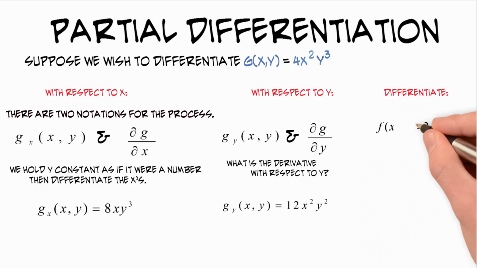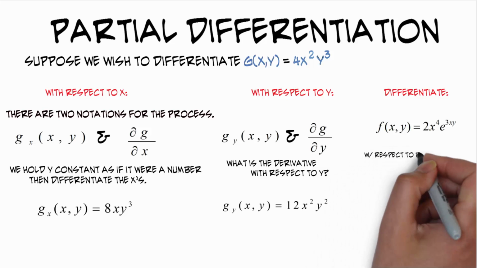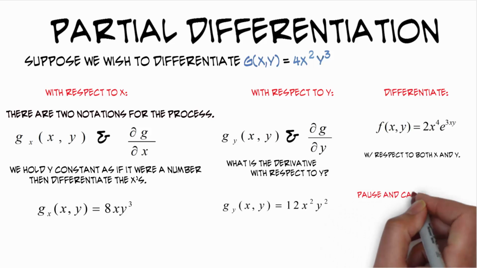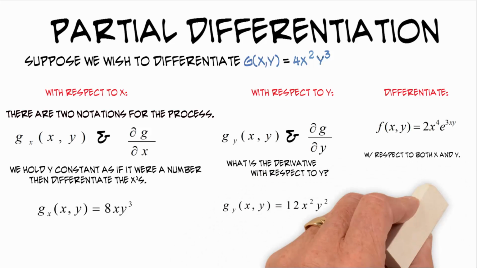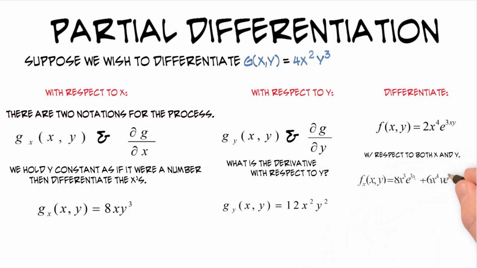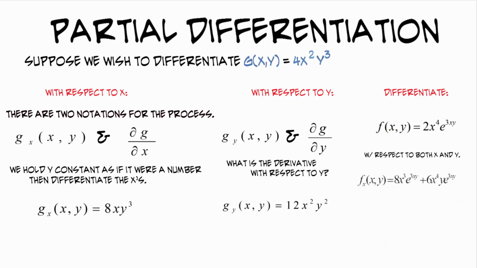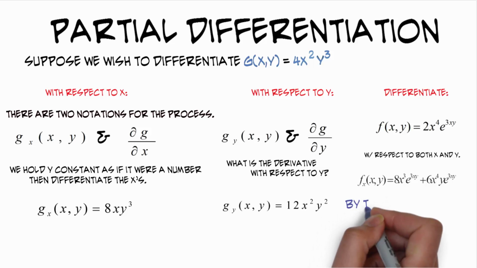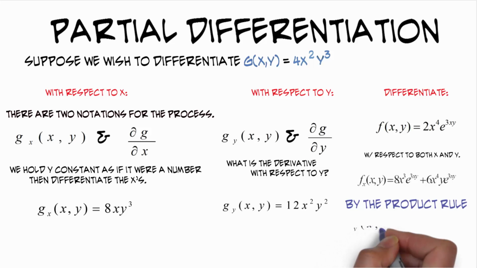Differentiate f(x,y) equals 2 times x to the 4th power times e raised to the power of 3xy. The partial of f with respect to x is 8x cubed times e raised to the power 3xy plus 6x to the 4th power times y times e raised to the power of 3xy, and is obtained by the product rule.